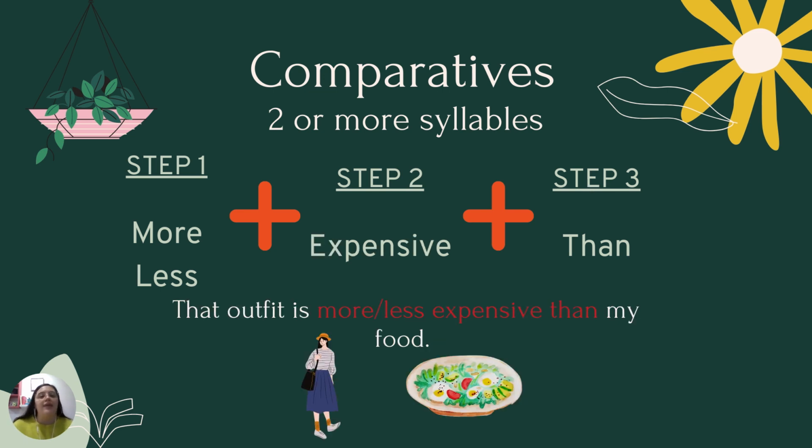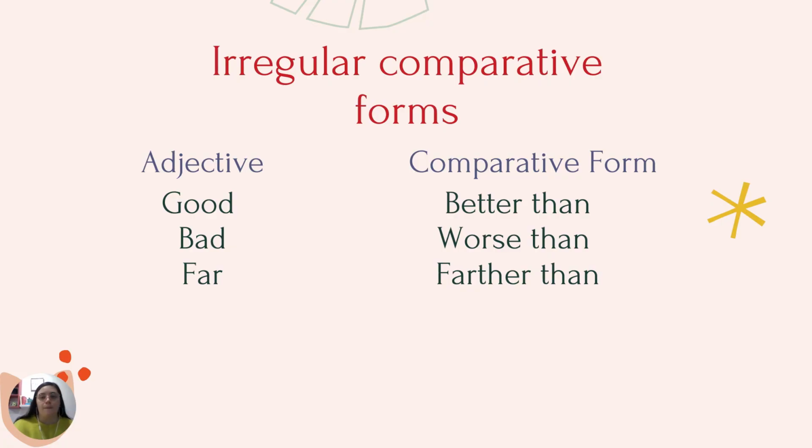And here we have, that outfit is more expensive than my food, or we can also say that outfit is less expensive than my food. Look at it. We cannot miss the word than. We kept the adjective the way it is, and before the adjective, we add more or less depending on what we want to say.